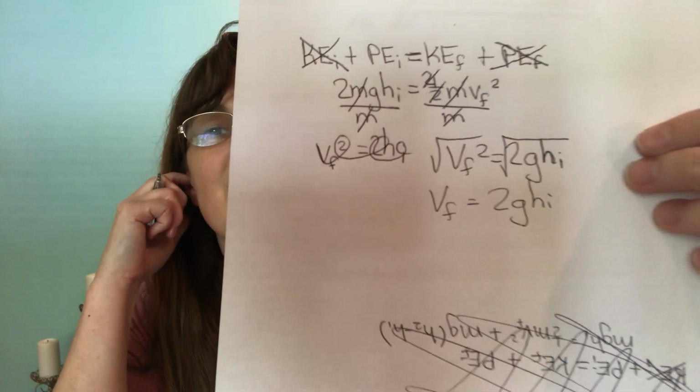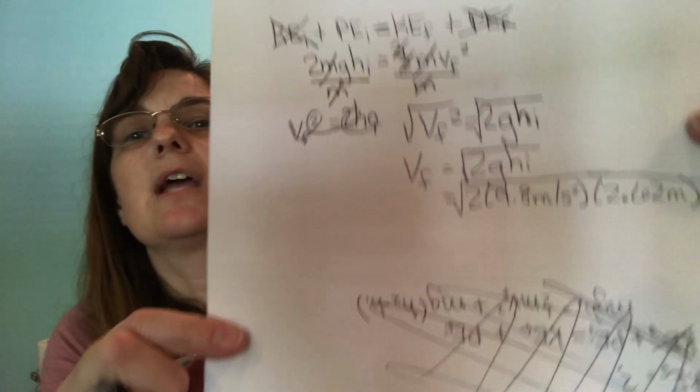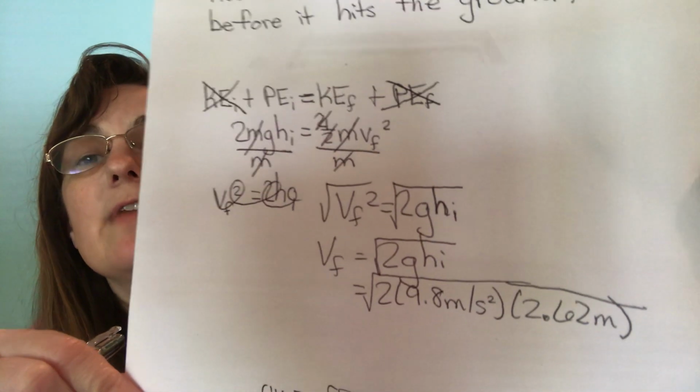And we are ready to plug in. So that's going to be equal to 2 times 9.8 meters per second squared. And then the initial height is 2.62 meters. So run that in your calculator. Oh, you know what? We got to square root it. Forgot my square root. So that's what you should get. Square root that thing.